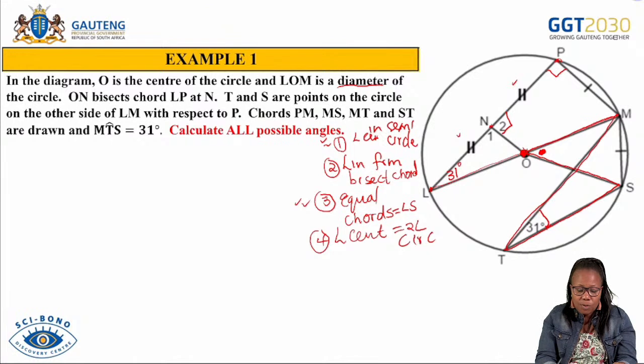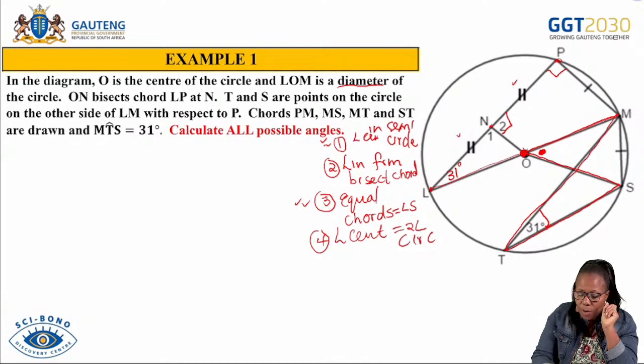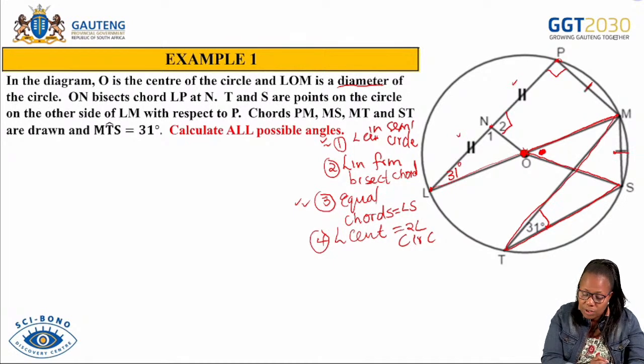Okay, let's calculate. We said we start from the known to unknown. What is the known angle here? We have angle T given as 31 degrees. Where can this lead us? It can lead us to angle L because we have equal chords there. Let's start answering the question, grade 12.